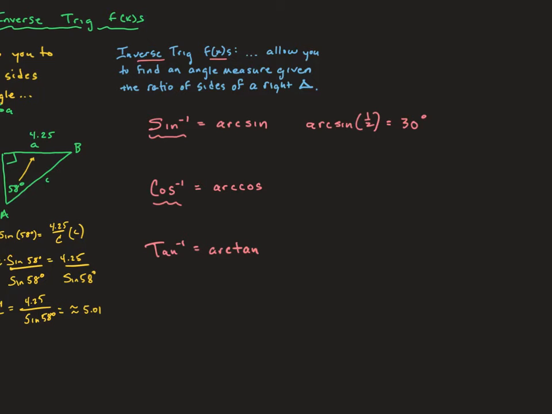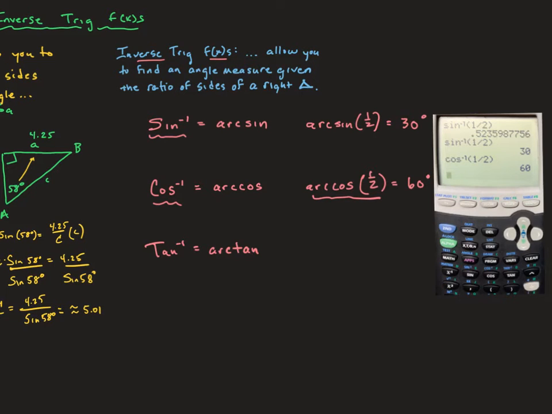The same thing with the arc cosine, the inverse cosine of 1/2: we are going to find out that that turns out to be 60 degrees. You can actually figure those out just by using your special right triangles, but the calculator will give it to you if you use it.